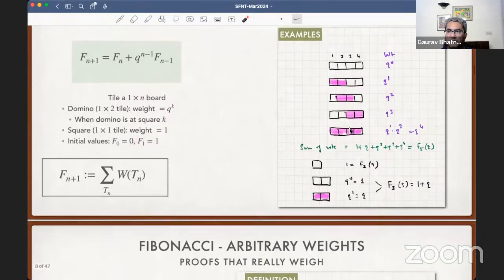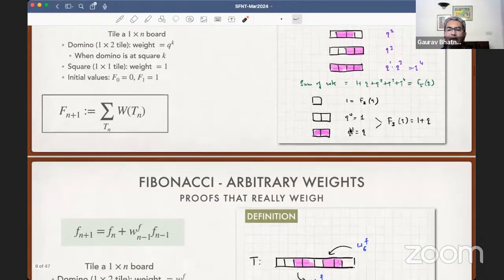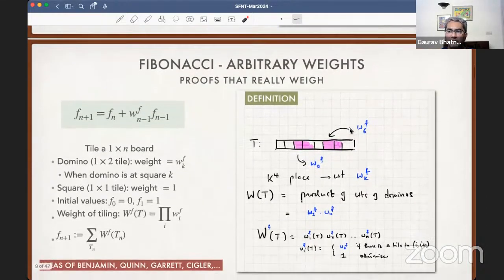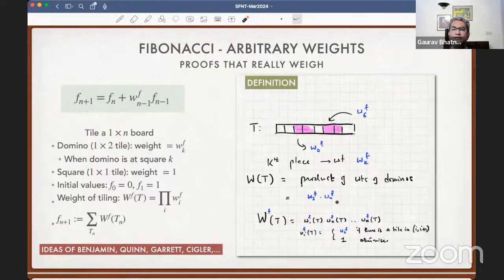So we can do pretty much the same thing with arbitrary weights. We'll talk about elliptic weights, but first we'll just do the same thing with any weights whatsoever. So we define a small w, this weight function, and we put a small w_k at the kth place where there is a tiling.